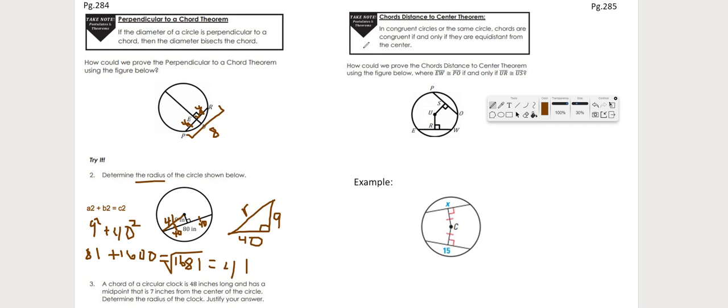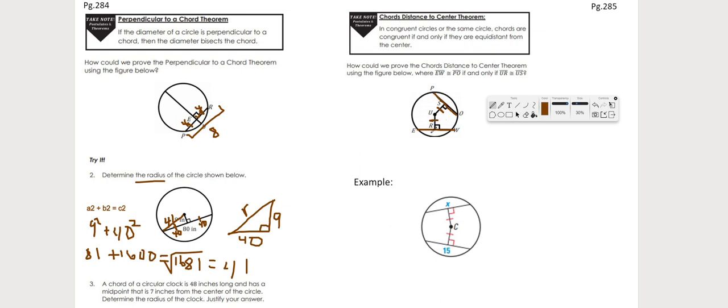Then we have another theorem called the chord distance to center theorem. It says that in congruent circles or the same circle, chords are congruent if and only if they are an equal distance from the center. So basically we have two chords, chord PO and chord EW. If the distance from the center to the chord, this distance right here, US, is the same as UR, then those two chords are congruent.